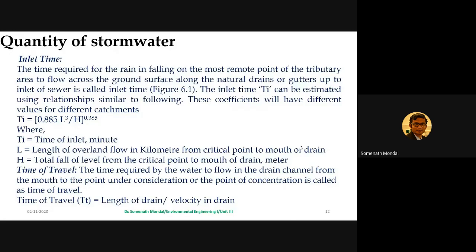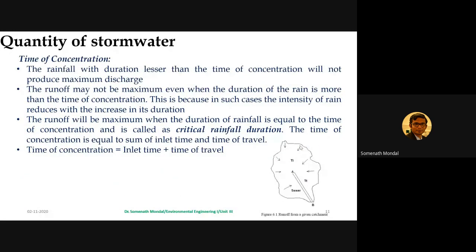If you go back to the previous figure, showing runoff from a given catchment, you'll be able to understand. Here Ti stands for inlet time. It is the time required for the rain falling in the most remote area.